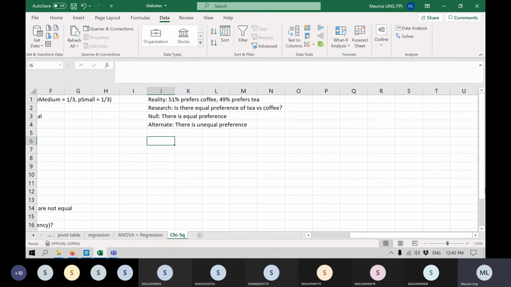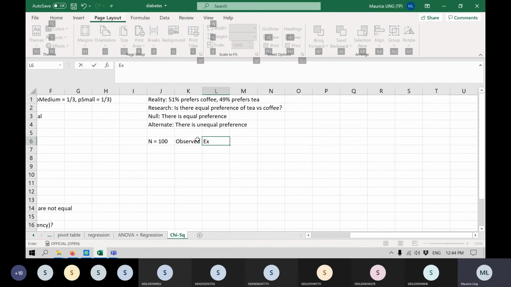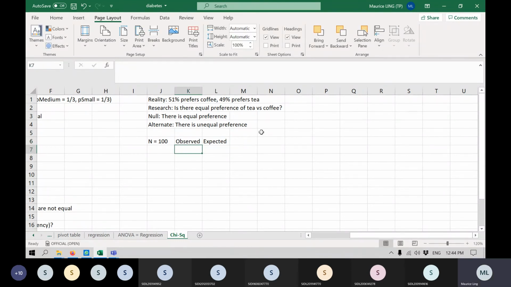So let's do a few tests, and we say that if we use percentage, n equals 100. This is by percentage, because 100 means 100%. If n equals 100, we have our observed versus our expected, coffee versus tea. Because we expect equal preference, out of 100 it's 50, 50.